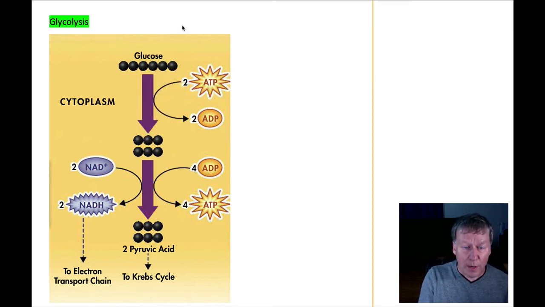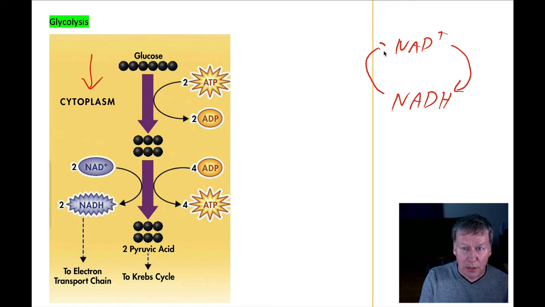So now we understand what's happening with the glucose. We understand what's happening with ATP. Now we're going to look at what's occurring in the left-hand side. Here we have 2 molecules we talked about in a previous video. NAD plus and NADH. And if you remember, these are for oxidation reduction.